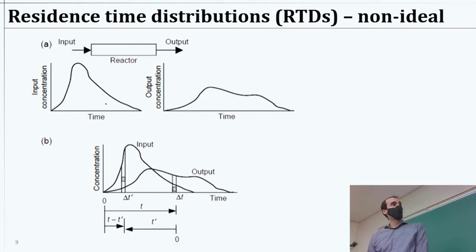So in your input addition, if that's not perfect itself, not uniform, you've got some awkward looking shape, and then even worse, in your output, it might look like something like that. So just kind of giving you a little picture, certainly not something we're going to deal with, but you can really learn a lot from a reactor given a tracer test to show you how long the water is really staying in the system in that manner.